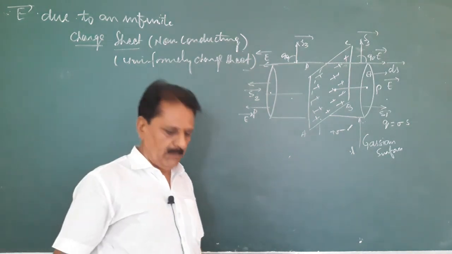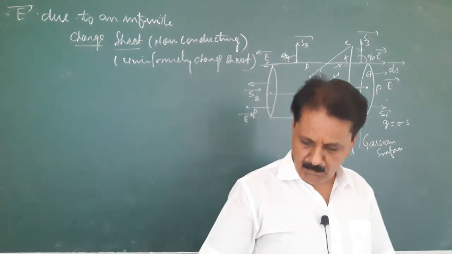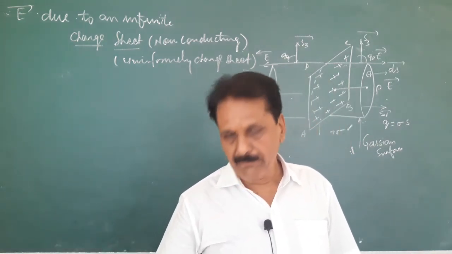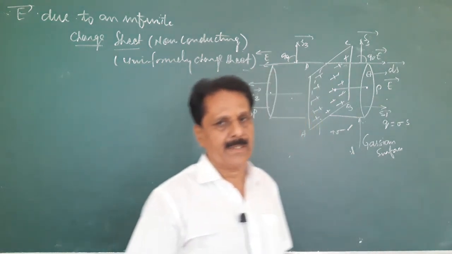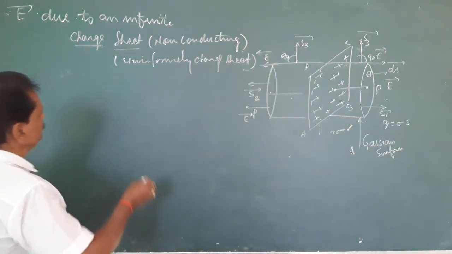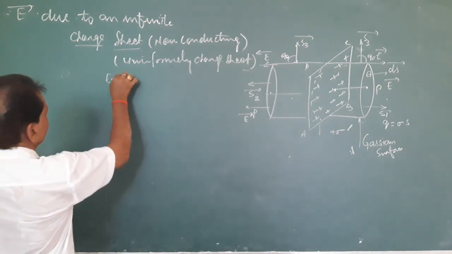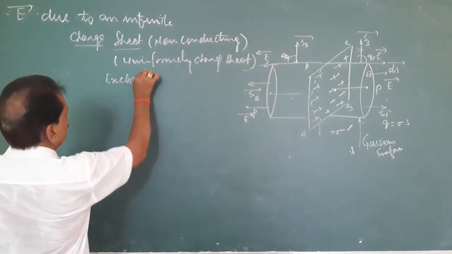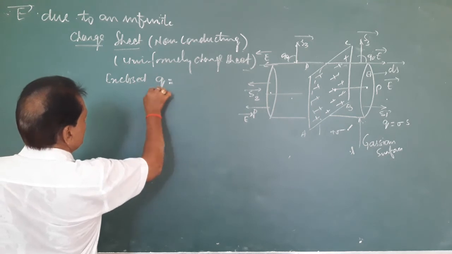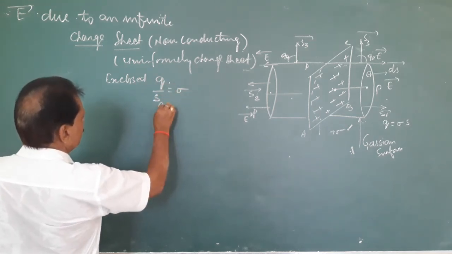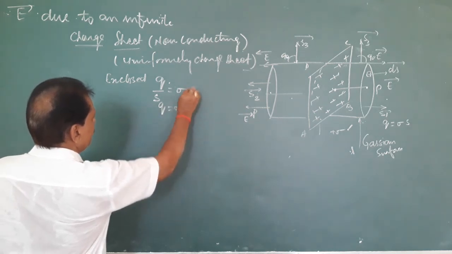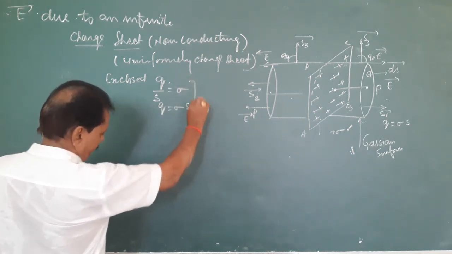So we have to calculate the electric field on both sides, for which we have constructed a Gaussian surface as a cylindrical closed surface which encloses Q amount of charge, because Q by S equals sigma. Therefore, Q equals sigma into S. This is our first step.